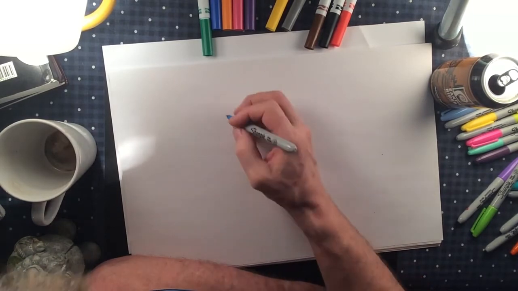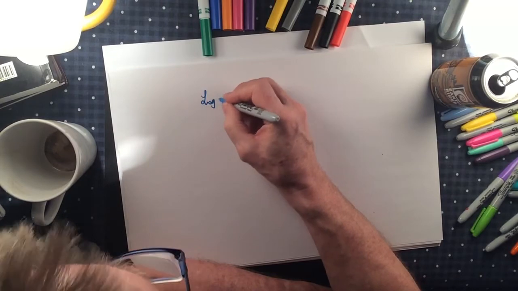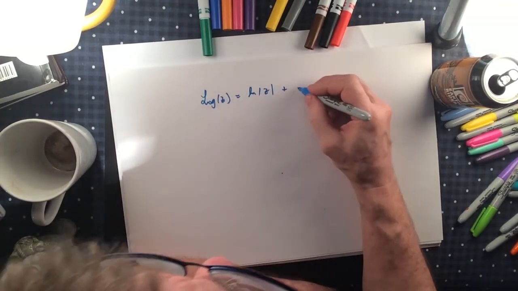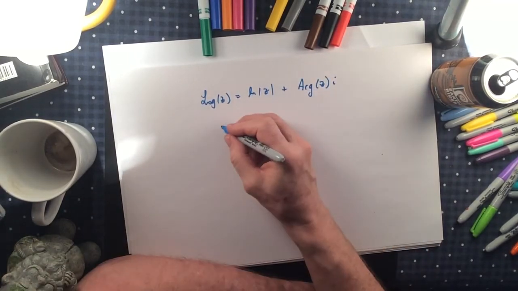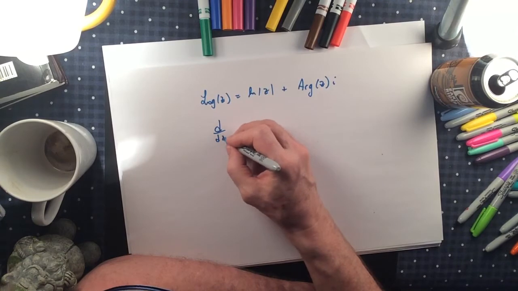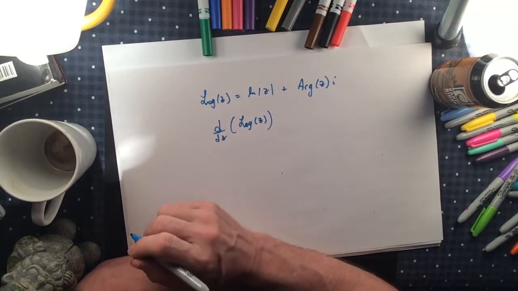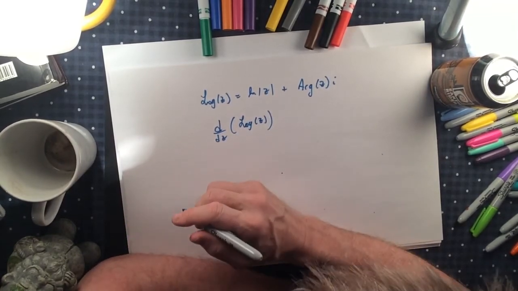So what about this? Let's do calculus now. So let's take the logarithm as we've defined it with this argument of z times i and ask what is its derivative. Now, if we've done things right, its derivative should be 1 over z.